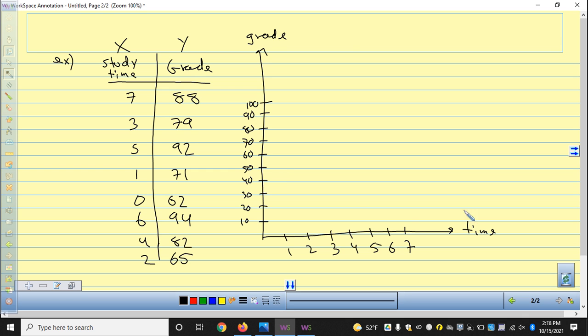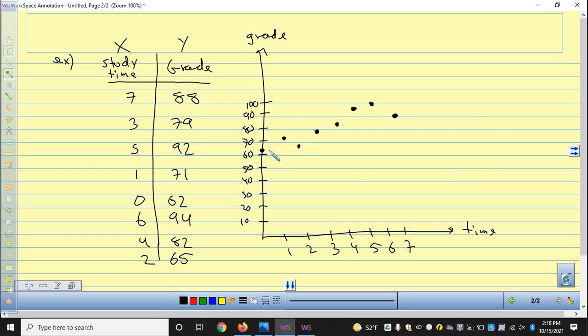And then I just plot the points. So 7, 88, that's going to be up about here. 3, 79, that's going to be about here. 5, 92, it's going to be about there. 1, 71, about there. 0, 62, right about there. 6, 94, about there. 4, 82, and 2, 65.